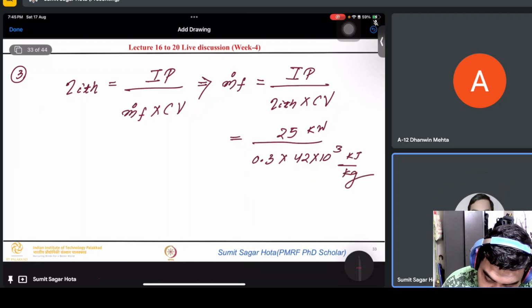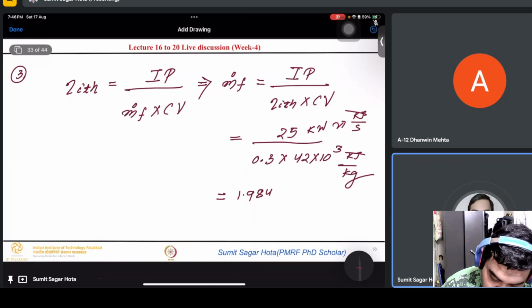Okay, so the unit will be what? In kg per second, because this will be your kilojoule per second, so kilojoule gets cancelled. The final unit will be kg per second. So 1.984 into 10 to the power minus 3 kg per second.